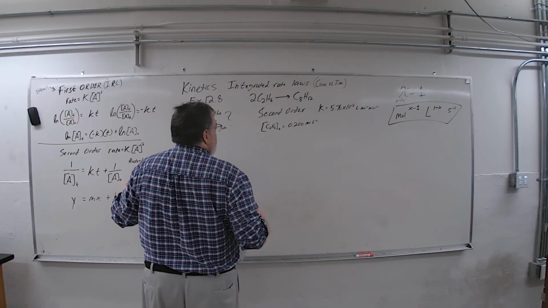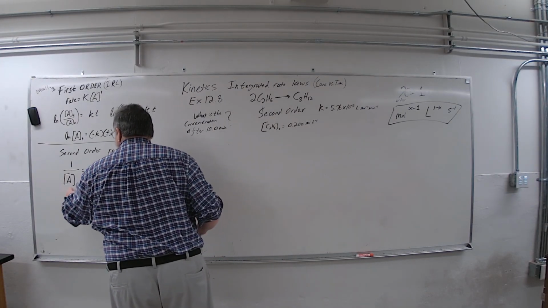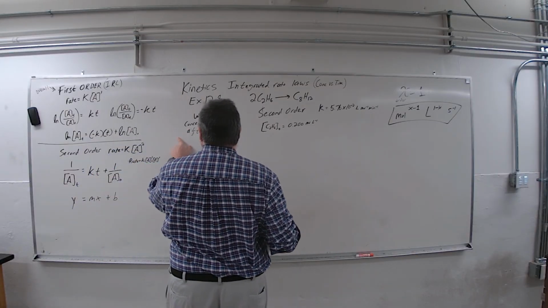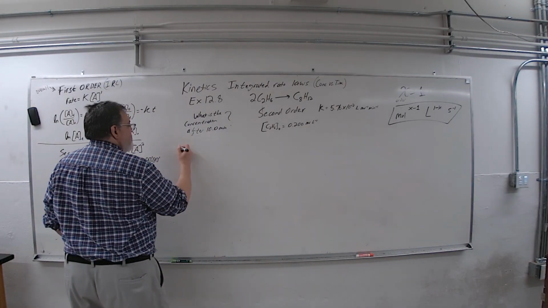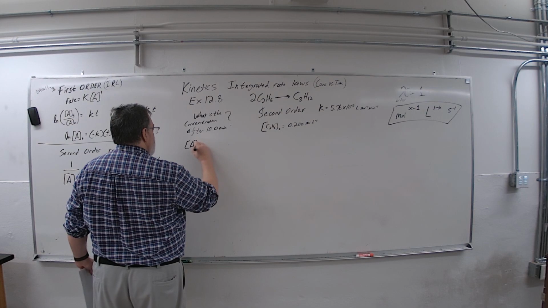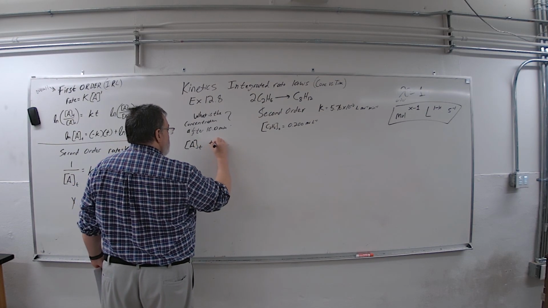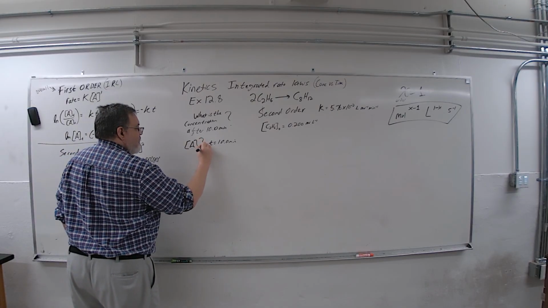The A0 or the A naught is this value, and this A to the T, or AT, is the concentration after 10 minutes. We're looking for this.